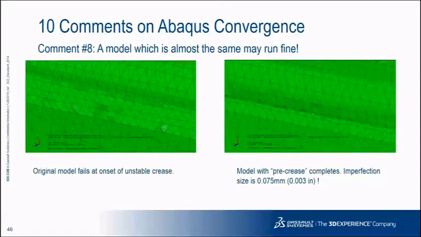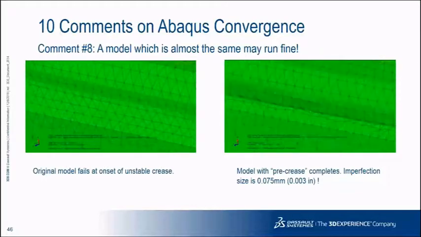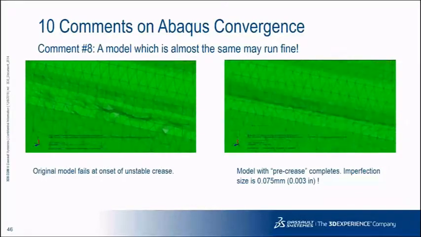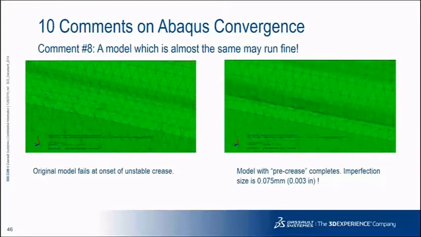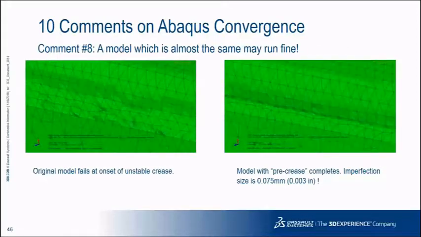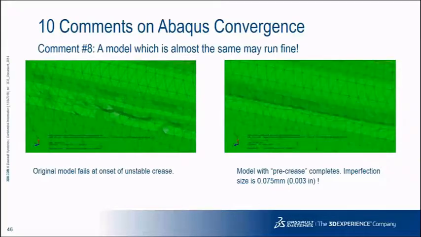Now, of course, you have to decide for yourself if this small change is something that's reasonable to do, because small changes can cause large changes in other parts of the model in a nonlinear simulation.